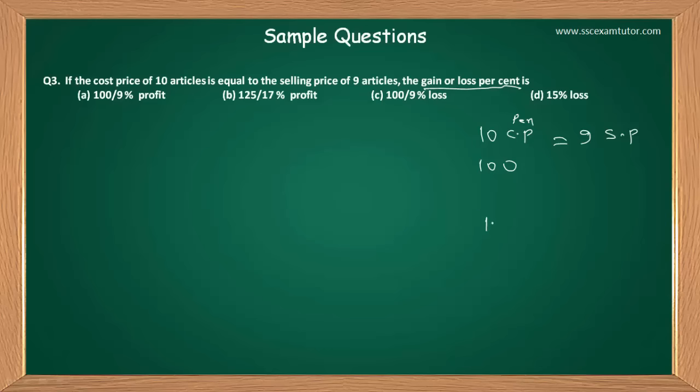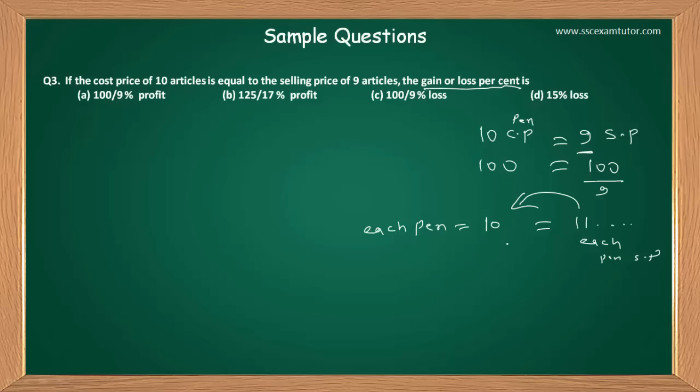So the CP of each pen will be 10, and since it's equal to 9 SP, you sold these 9 pens for 100, so the SP of each pen will be 11 point something. In this case, as you can see, SP is greater than CP, so there will always be profit.